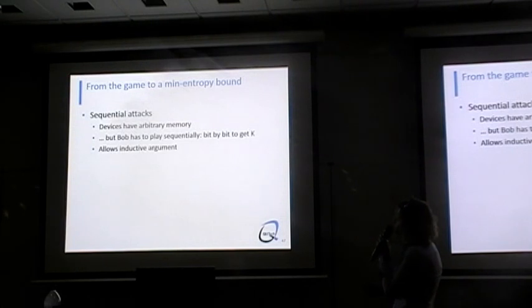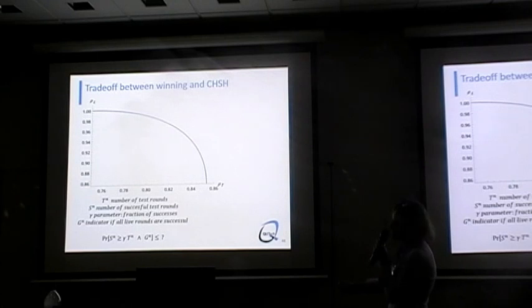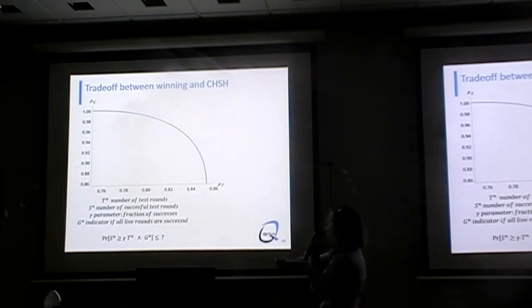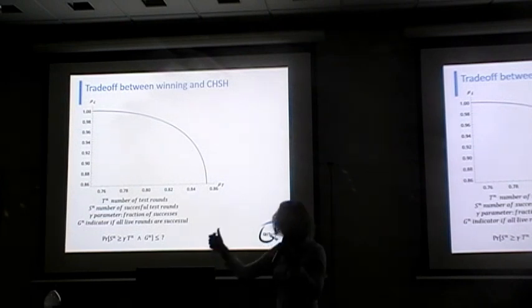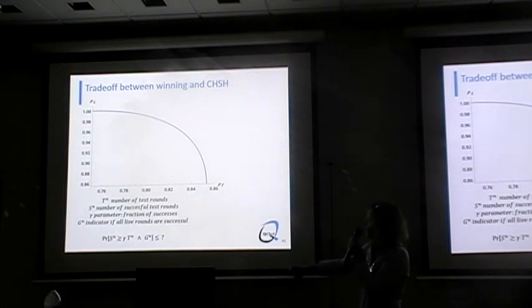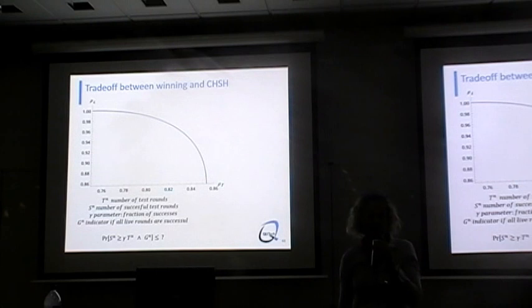In fact, one can easily analyze it sequentially, between the probability of winning the post-measurement game and the probability of winning the CHSH game. So if CHSH works very well, then his probability of winning the post-measurement game is not very great. And if, for example, his probability of winning the post-measurement game is 1, he actually would succeed at this a lot, then the probability of winning CHSH is just classical, so we will quickly see that using the test box.